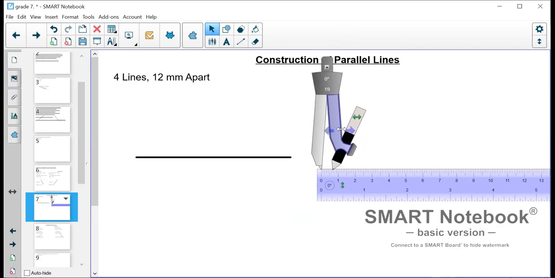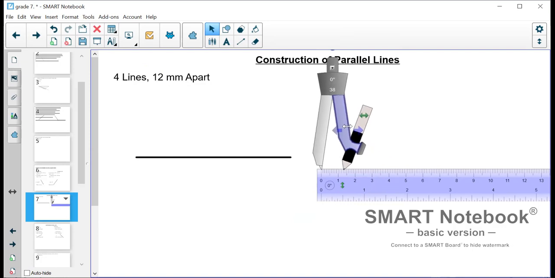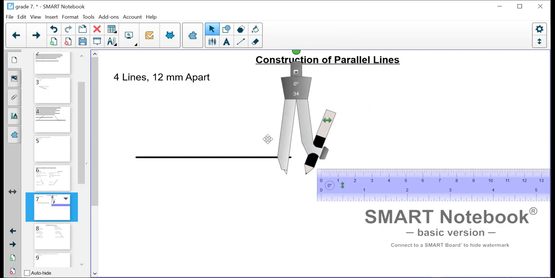All right, so 12 mm is the same as 1 cm plus 2 mm. Right, so from 1, you count 2 of the small markings. That would give you 12 mm. All right, so you open your compasses to that length.